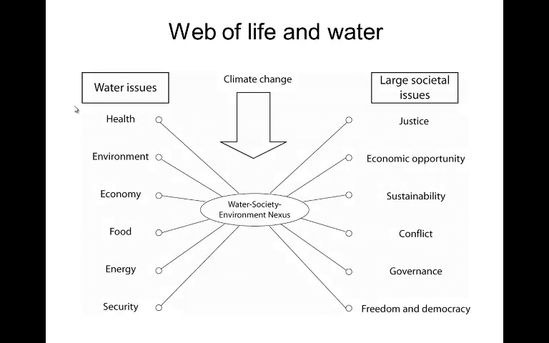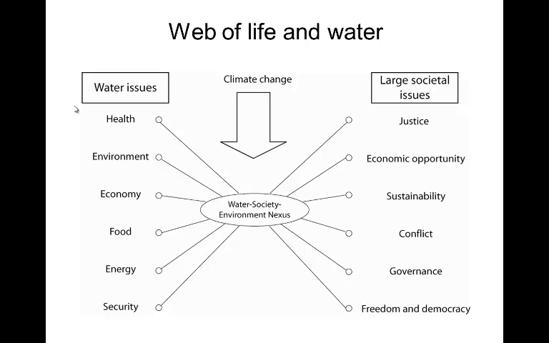So we've sort of characterized the water issues this way. On the left you see a list of health, environment, economy, and other categories where water is essential and it's used. And on the right you can see how the way water is used translates into impacts on these larger societal issues such as justice, economic opportunity, sustainability, and those topics.